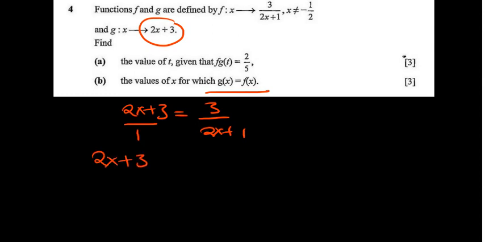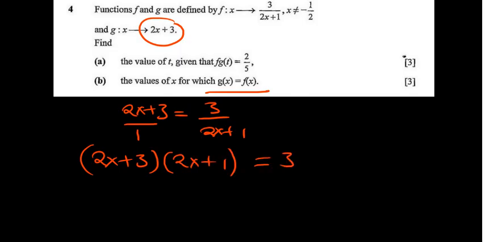Now for b, find the values of x for which g of x is equal to f of x. So just equate the two. So g of x is 2x plus 3, and then f of x is 3 over 2x plus 1. So if we cross multiply, we have 2x plus 3 multiplying by 2x plus 1 equal to 3.